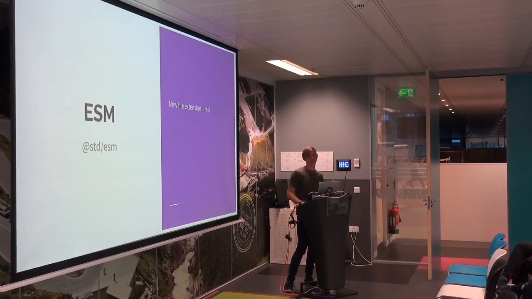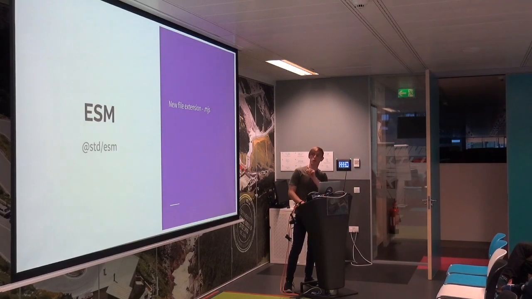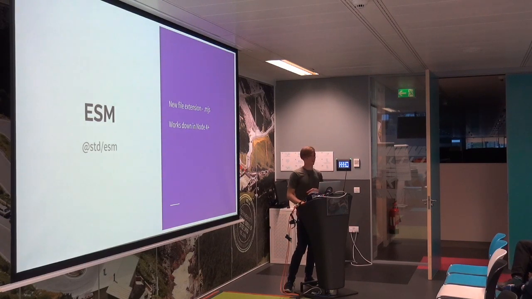But it has a caveat, which is we have to use .mjs. This is the reason, because we are using CommonJS, it's really hard to reason about how it's actually going to work. The good thing about this is you actually can't opt out, but there are some side effects on this. It works down to Node 4, and it has zero dependency packages. So it's quite a good thing.